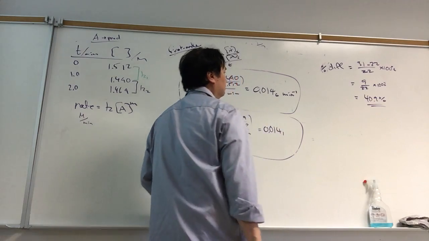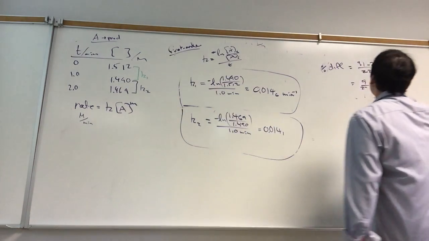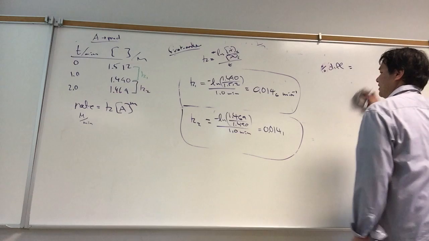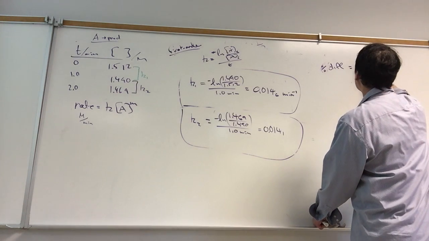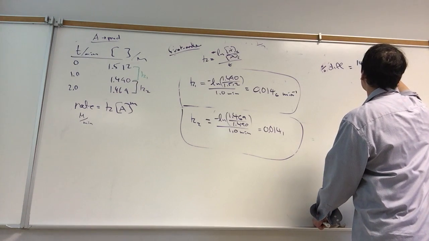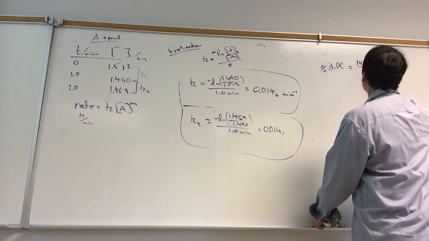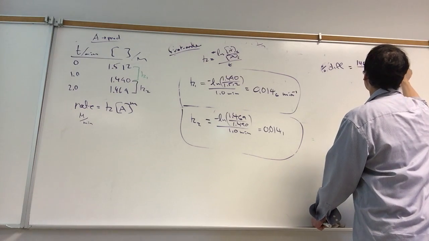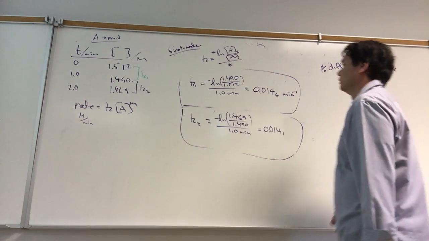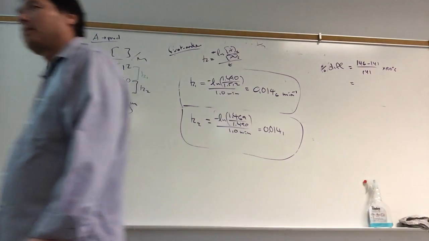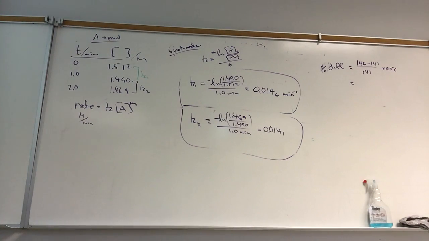And this gives us what? 0.0141. So let's calculate the percent difference. I'll take the biggest, 146, minus the smallest, 141, divided by 141, times 100 percent.